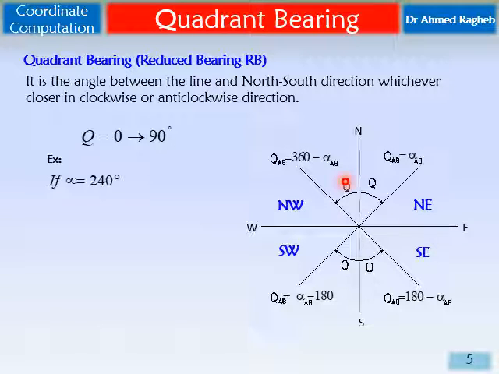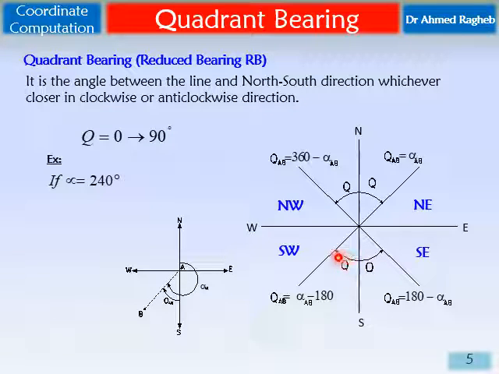So for example, if you have alpha equals 240 degrees, this is the third quad, and you need only this part, so 240 subtracted by 180 degrees will get you 60.